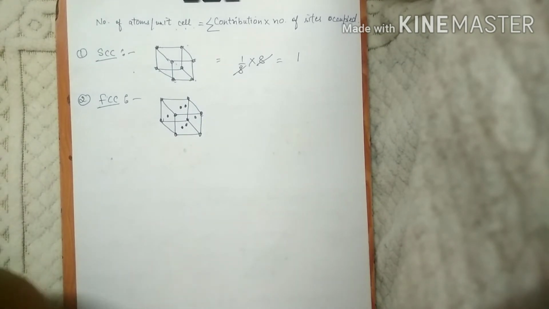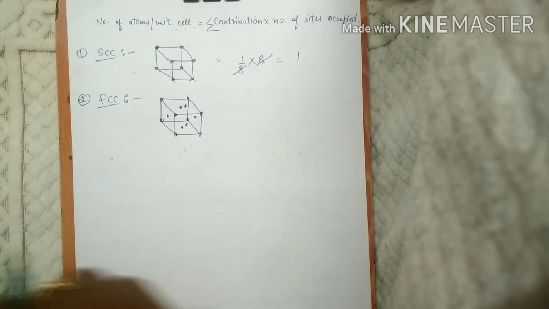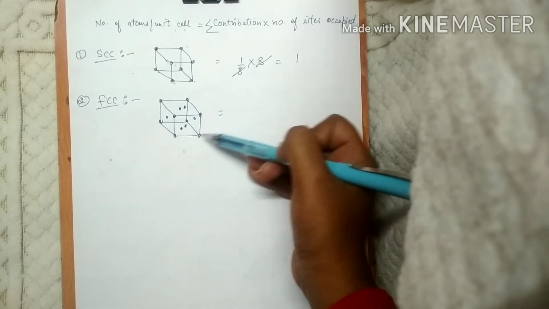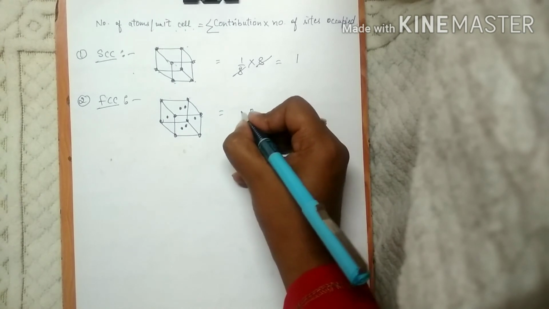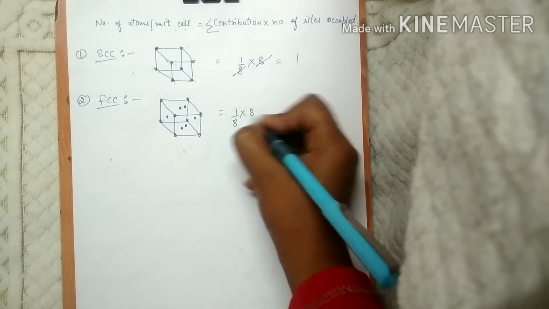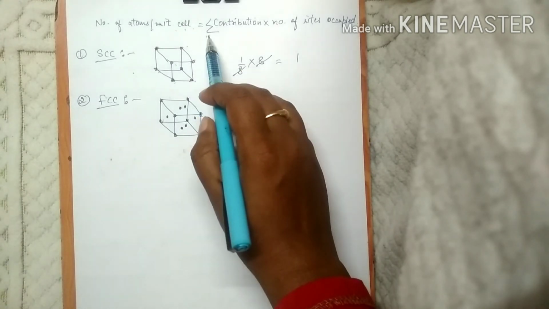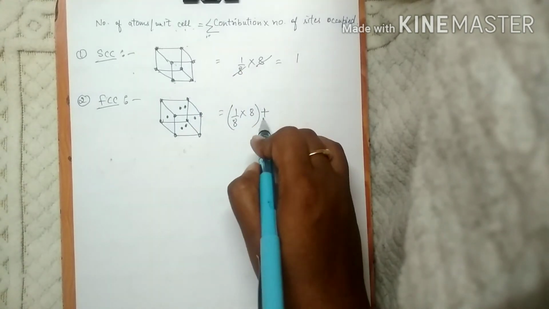This will be your FCC. So we'll see the contribution and number of sites occupied. First of all, we'll see the contribution by the corner atoms. There are 8 corner atoms and the contribution is 1/8 each, plus, because we have used sigma here, that's why plus.